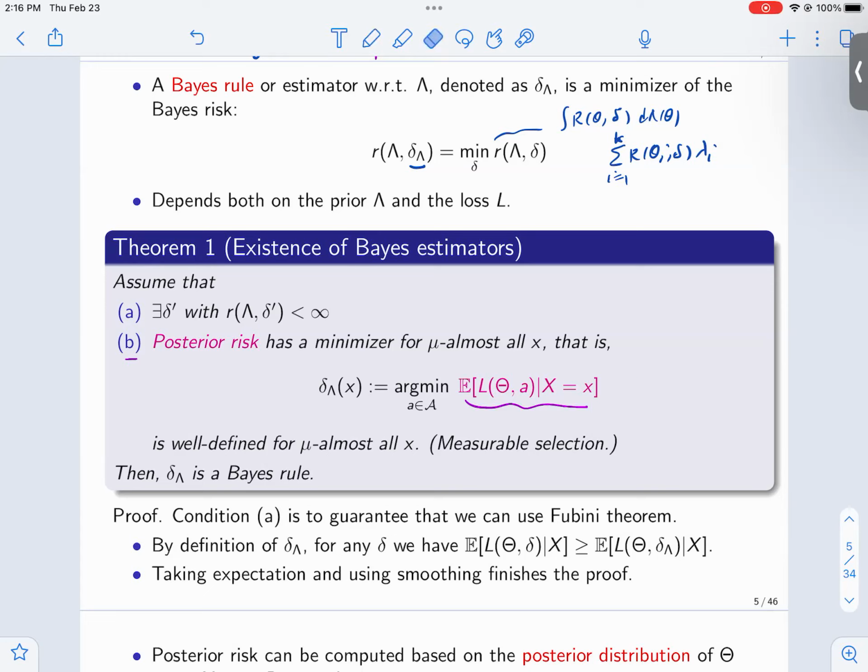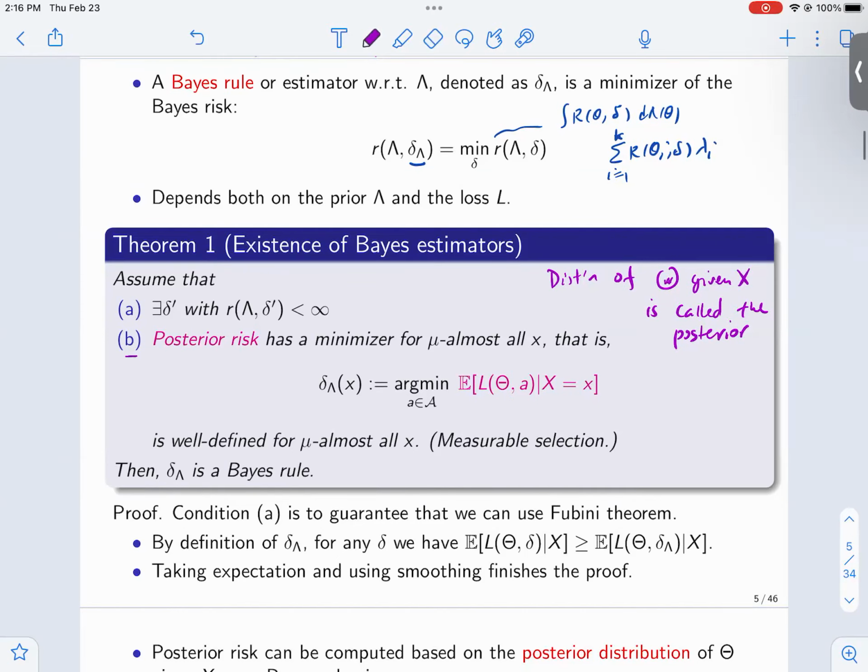It's the expectation of the loss, but under the conditional distribution of theta given x, which you remember is called the posterior. So you're taking the expectation of this loss under the posterior, so it's reasonable to call this the posterior risk.